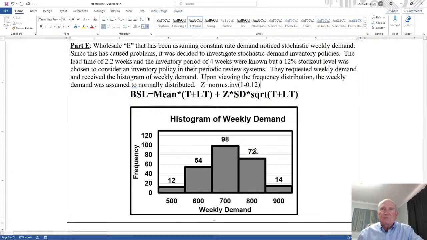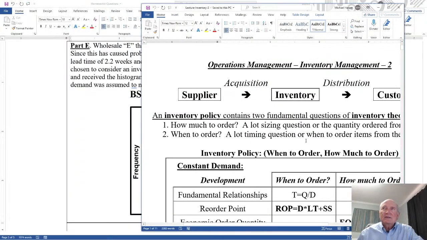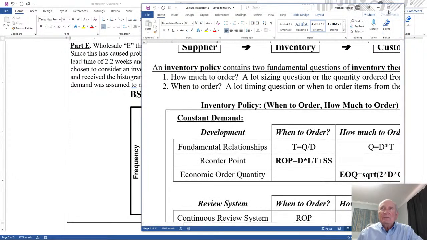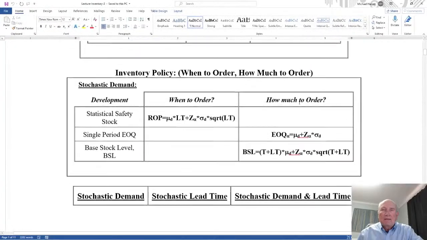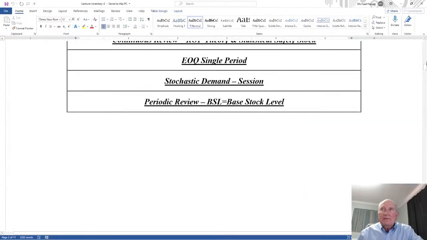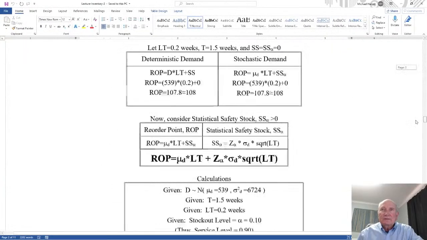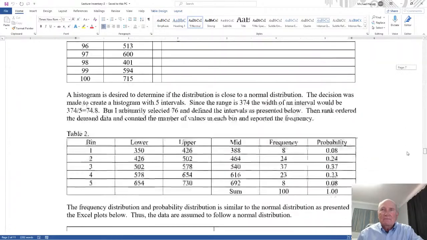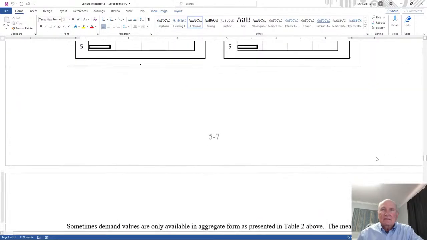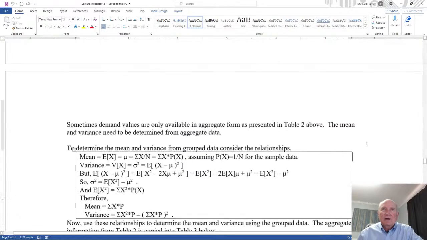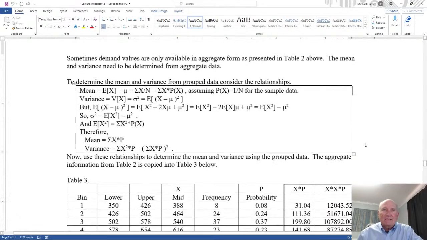Now, what's the mean and variance? It comes from the histogram. In the lecture, let me pull up the lecture, I think lecture number 2. Here it is, on page 5-8.